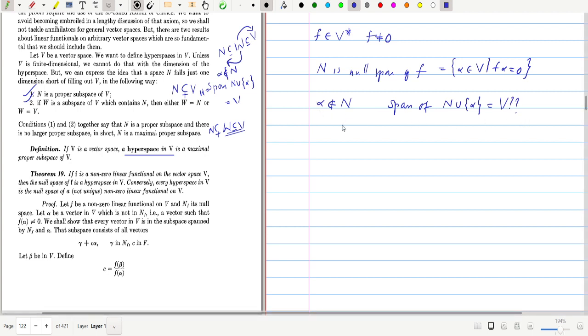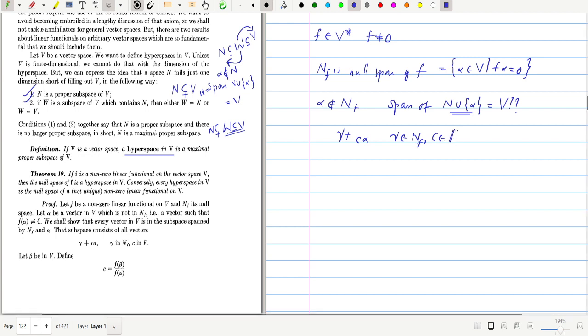If alpha is not in N, where I'll call N_f the null space of f, then the subspace spanned by N union alpha consists of the vectors gamma plus c alpha, where gamma belongs to N_f and c belongs to the field F. These are the arbitrary elements of the span of N union alpha. We'll prove that this is V.